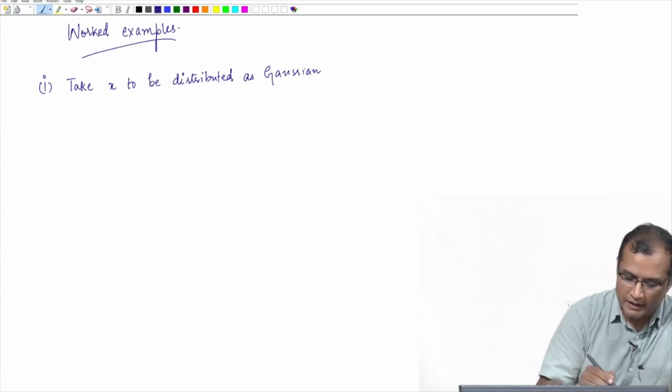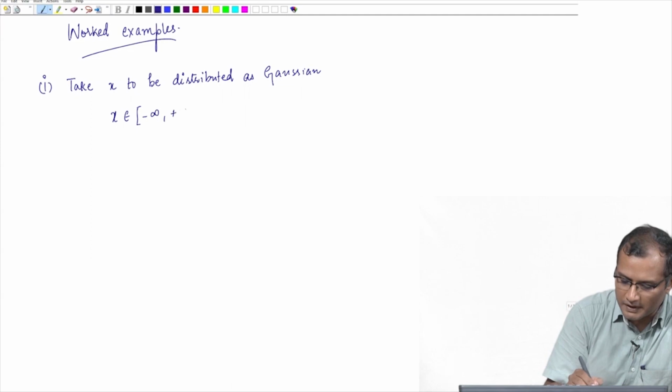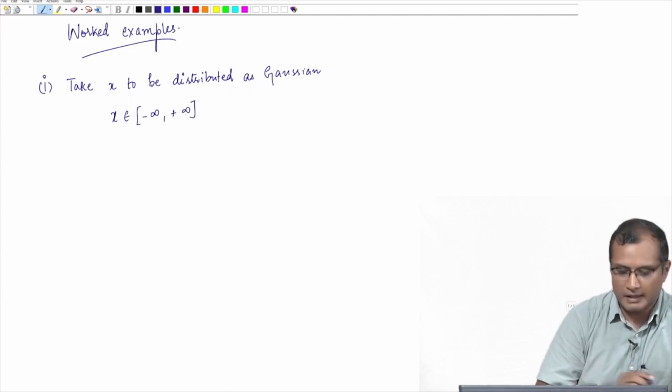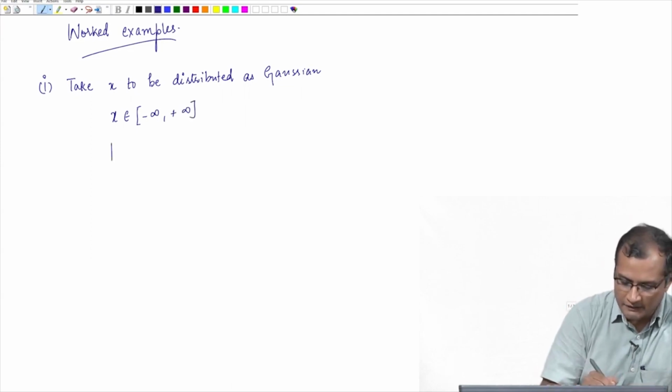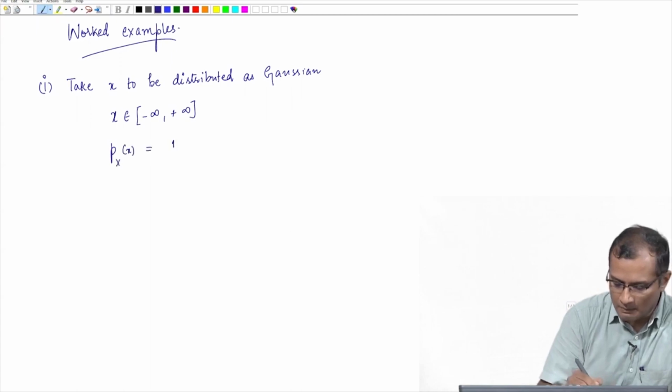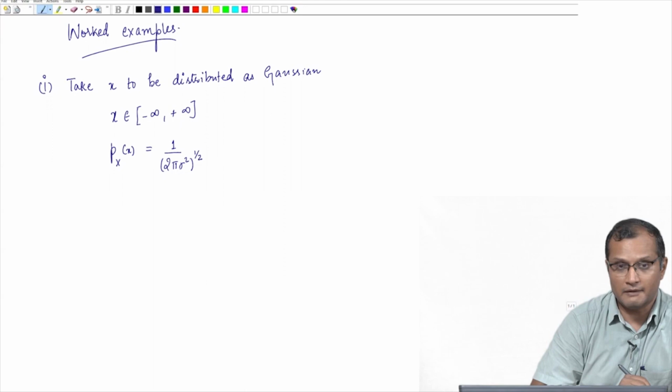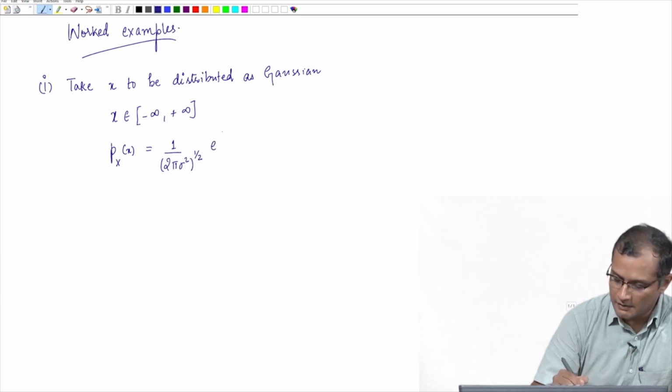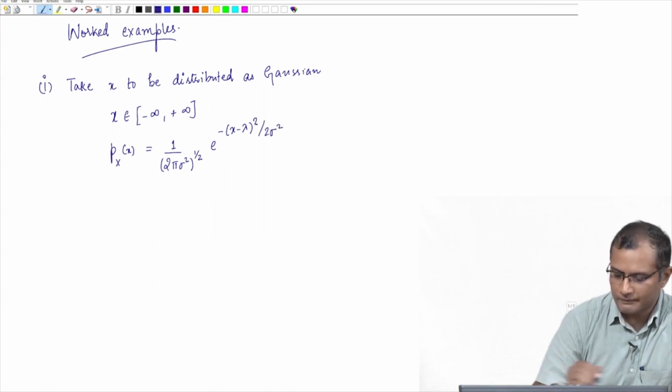so I have taken the range of x to be minus infinity to plus infinity, and the PDF is basically 1 upon (2 pi variance) to the power half into e to the power minus (x minus lambda) square over twice variance.